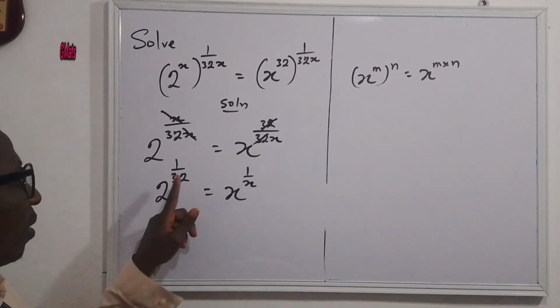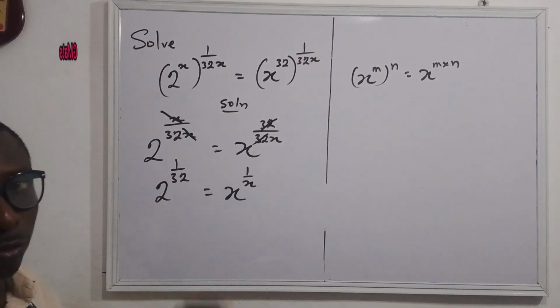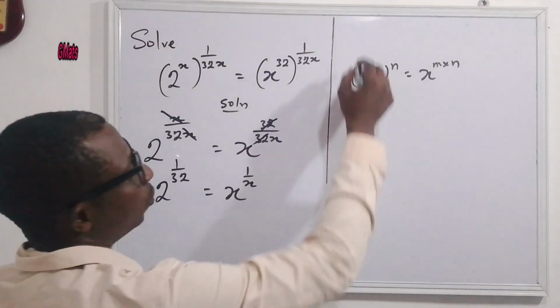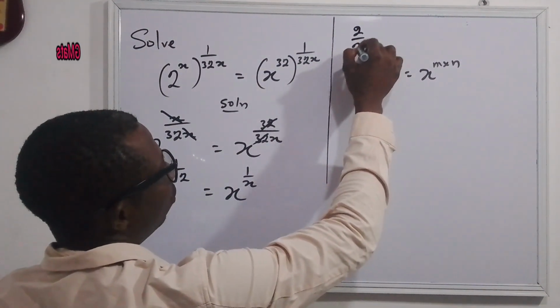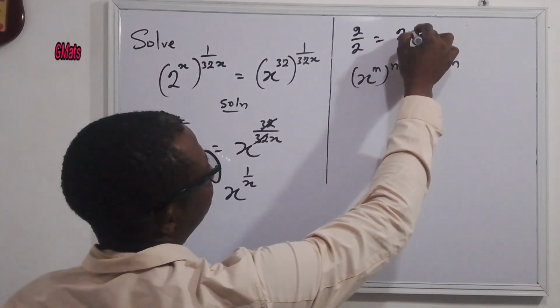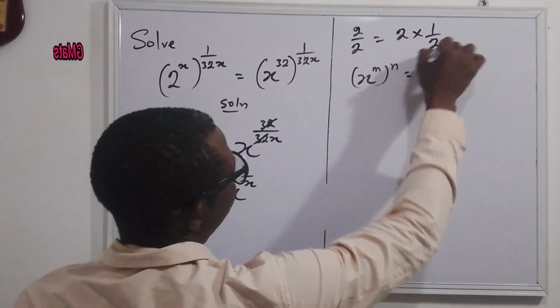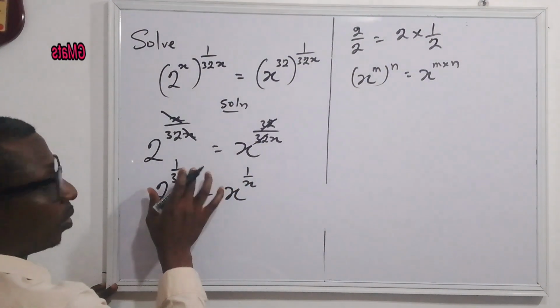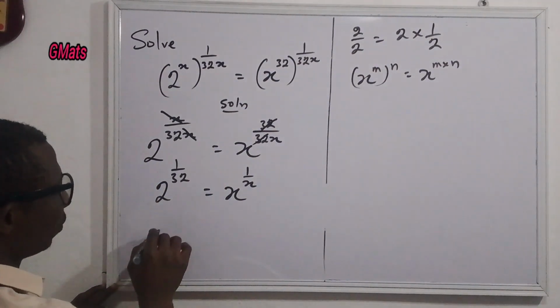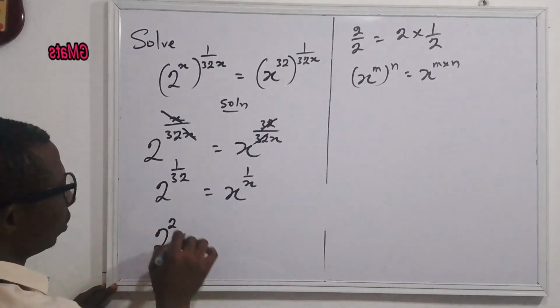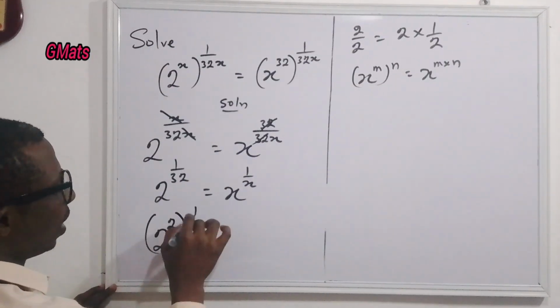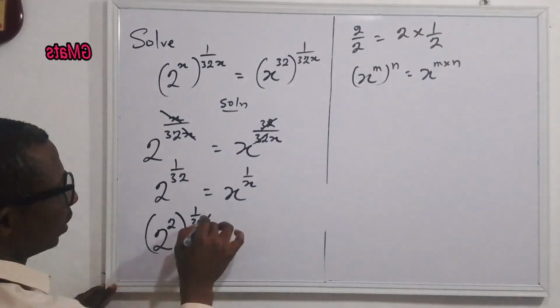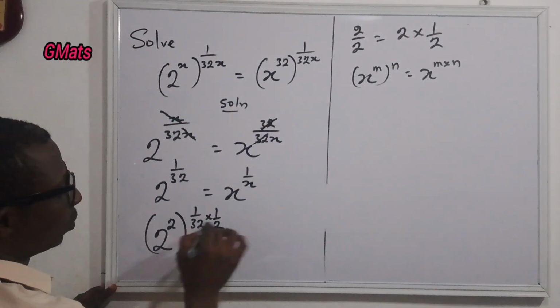Now I'm multiplying this power by 2 over 2. 2 over 2 is the same thing as 2 times 1 over 2. Now let's multiply this by the power here. So we have 2 raised to the power of 2 raised to the power of 1 over 32 times 1 over 2.